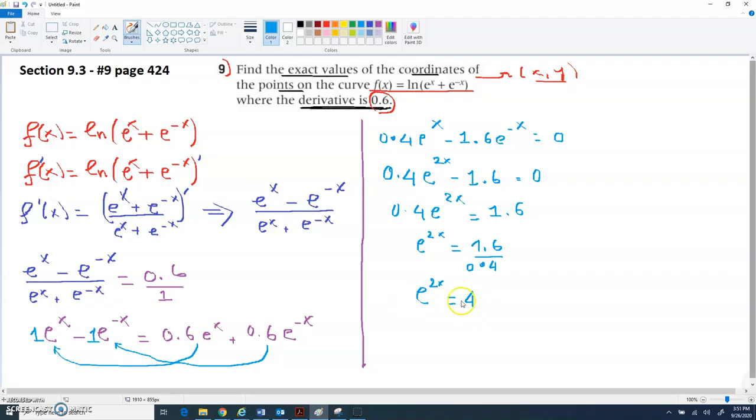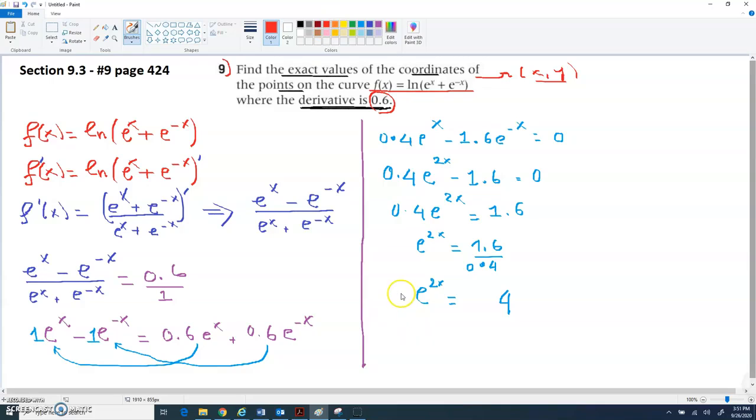Everybody good so far? Once I get to here, I'm going to use my natural log rule. I'm going to take the natural log of both sides. So let me leave some space here.